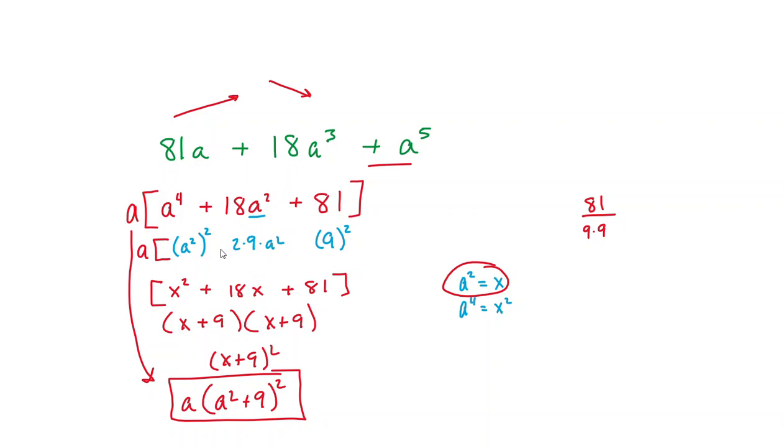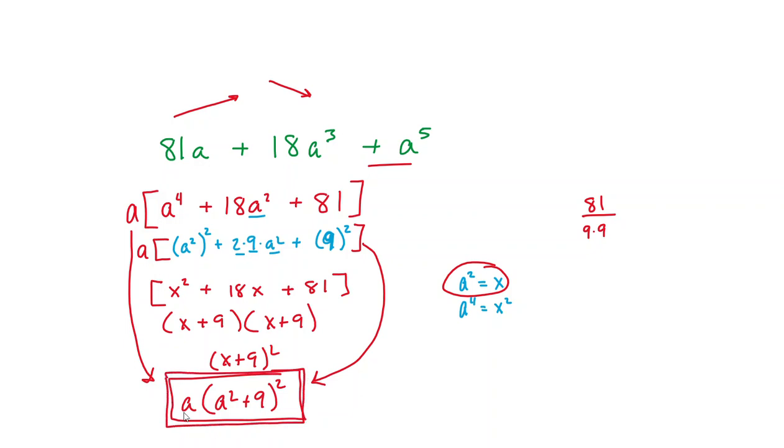So then this fits into our pattern of the binomial squared. So we've got something squared plus something else squared, and then the middle term is the two square roots multiplied together times 2, and that fits into our binomial square pattern. And so we could see that this is really going to be a times a squared plus 9 squared, and then of course don't forget the common factor that we took out at the beginning, which is a, and there it is.